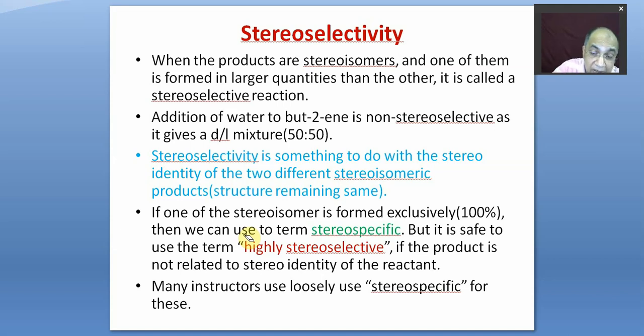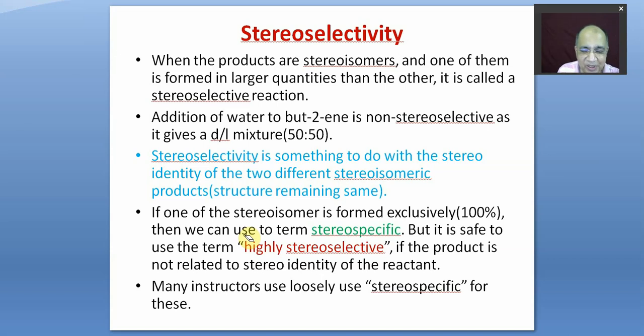stereoselective. And if it is really highly stereoselective, if one of the stereoisomers is present in very large quantities, nearly 100%, say 99%, it is safer to use the term highly stereoselective rather than stereospecific, because stereospecific has a very special definition. We will be talking about that in our subsequent video.